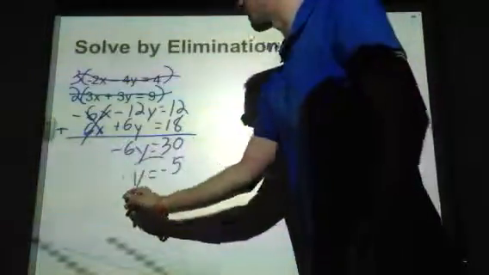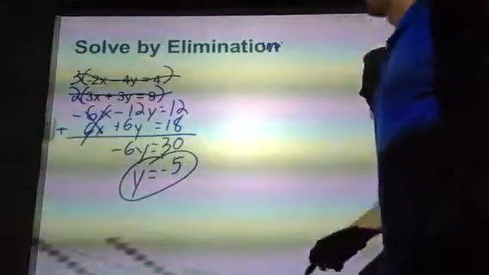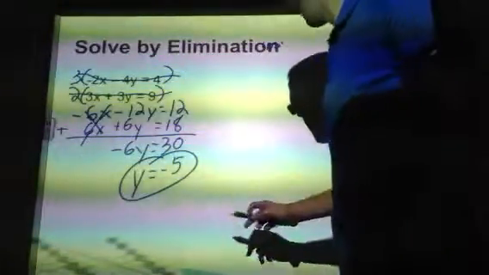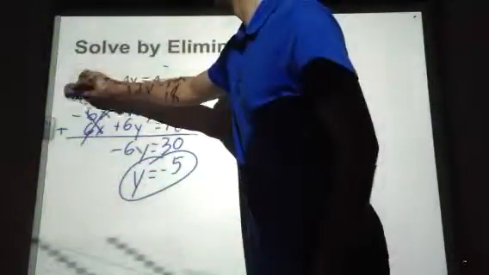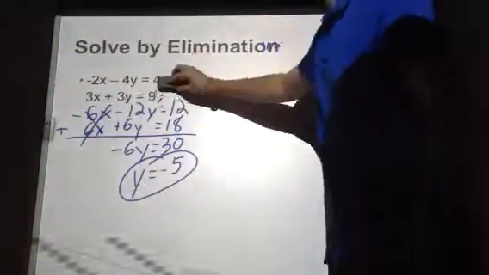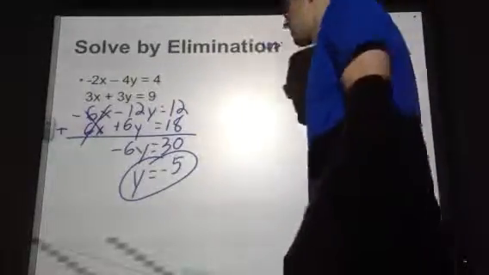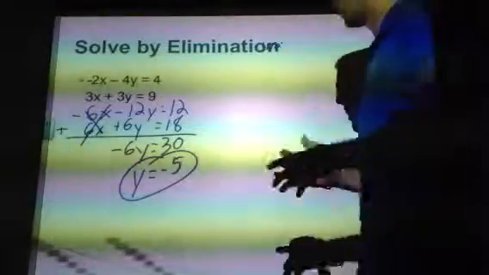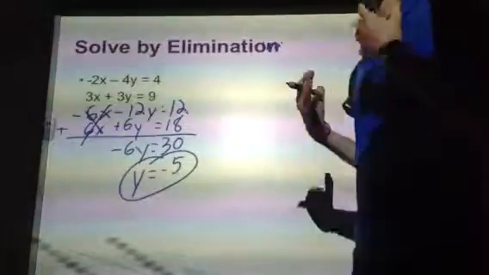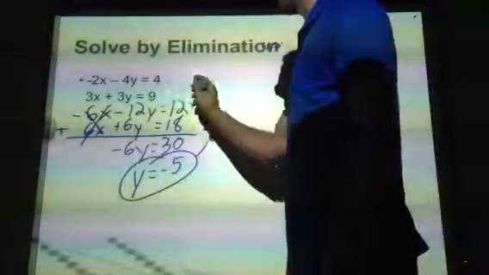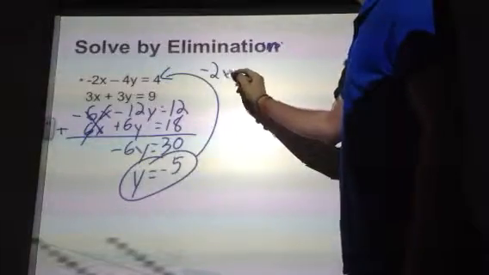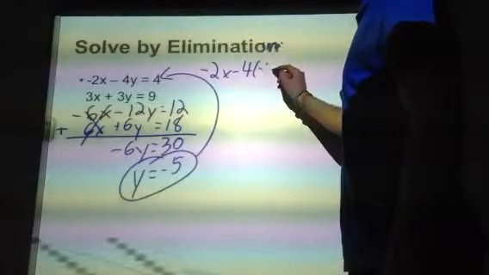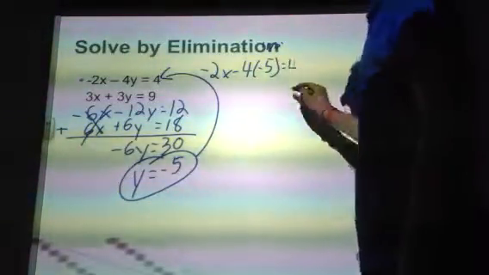Okay? So now take this, substitute it back in to one of your equations. Okay? I like to work with the original equations as much as possible. That way if something goes wrong, I'll get as much of the problem correct as I can. Alright? So we're going to substitute this back in for the first equation up here. That's going to be -2x minus 4 times -5 equals 4.